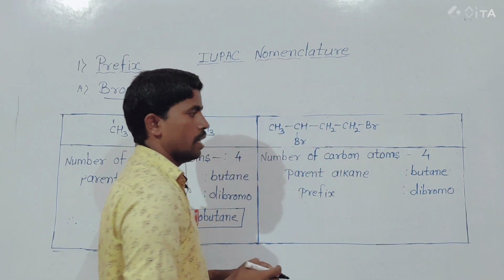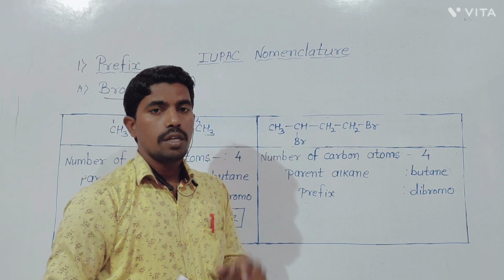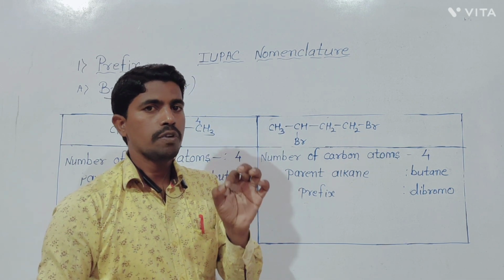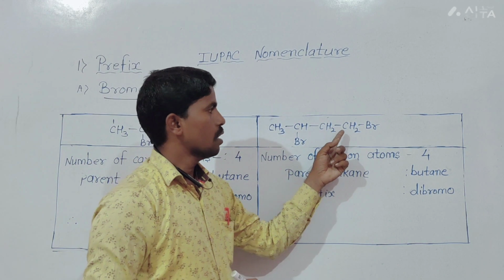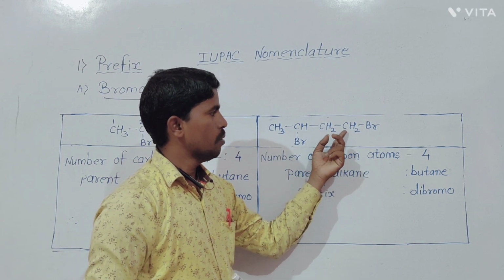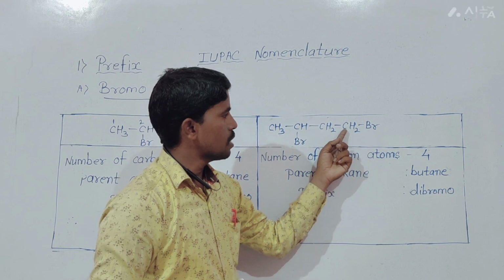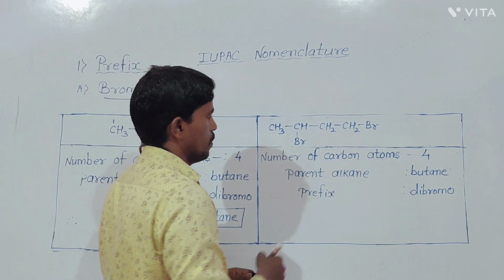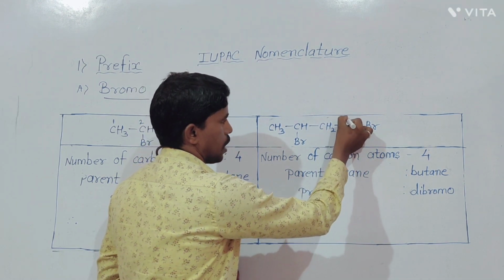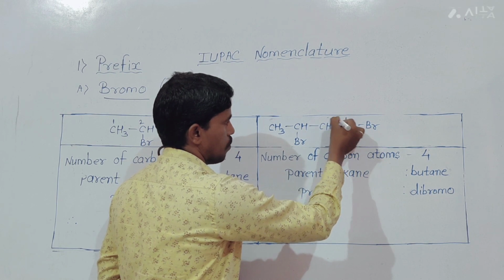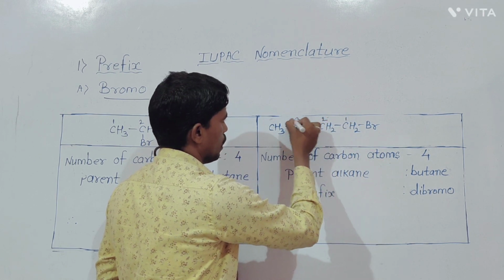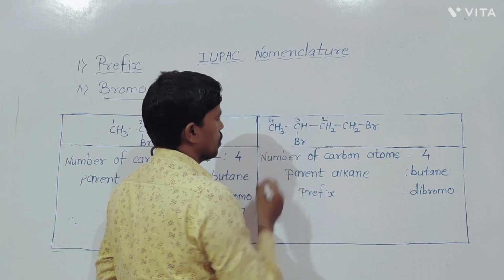Dibromo. And here, indicate the position number of bromine. Start the numbering from the terminal carbon atom which is closest to the substituent. So this bromine is attached to the first carbon atom. Therefore, here start numbering from this carbon. This is 1, this is 2, 3 and this is 4.